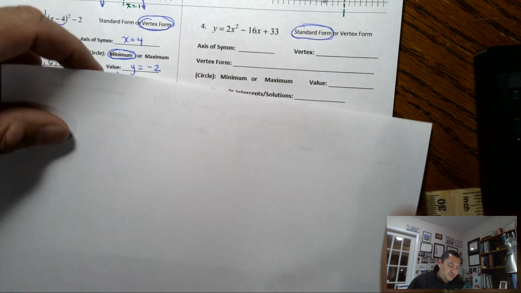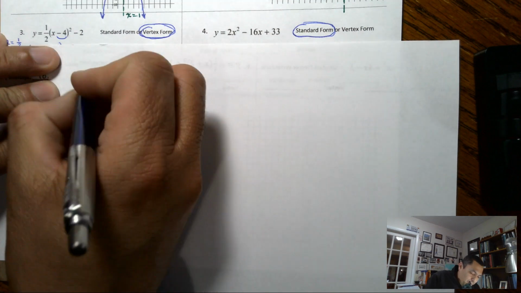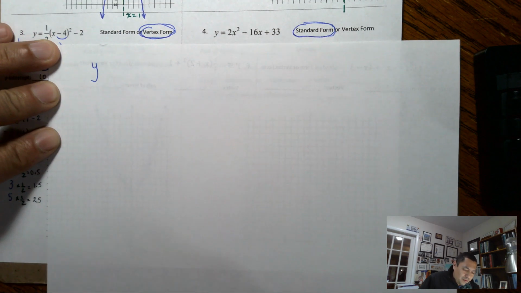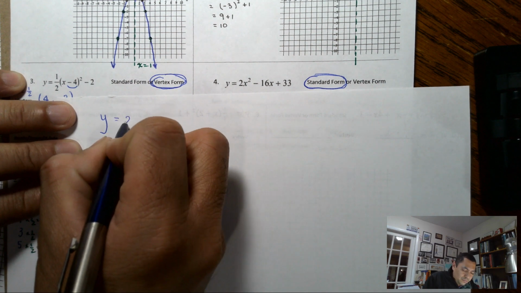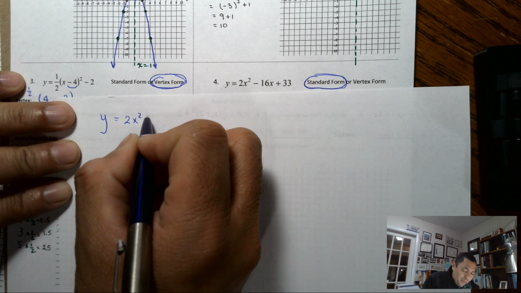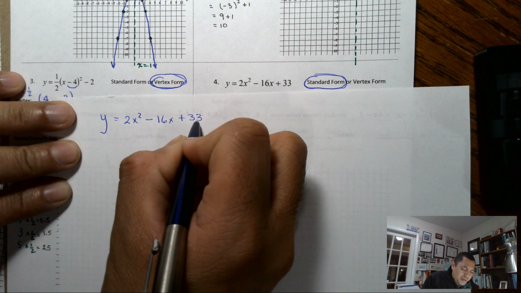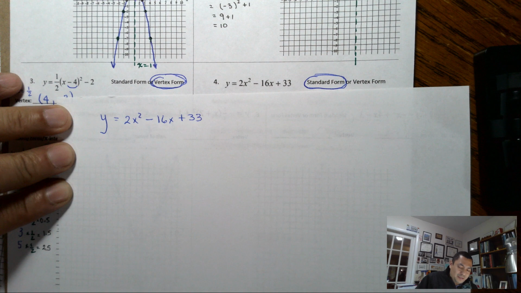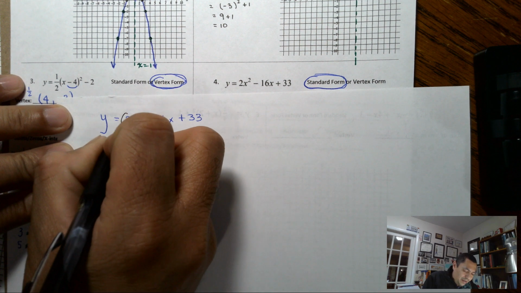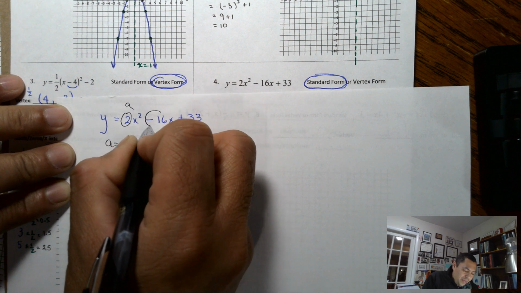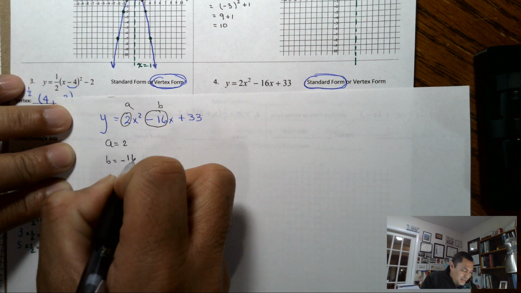So what I have is y equals 2x squared minus 16x plus 33. I need the value of a, so I have a equals 2. This is a. This is b. So b equals negative 16.